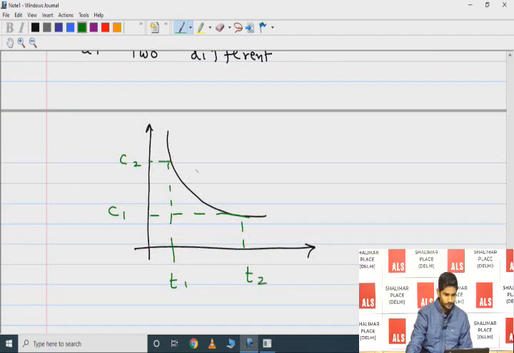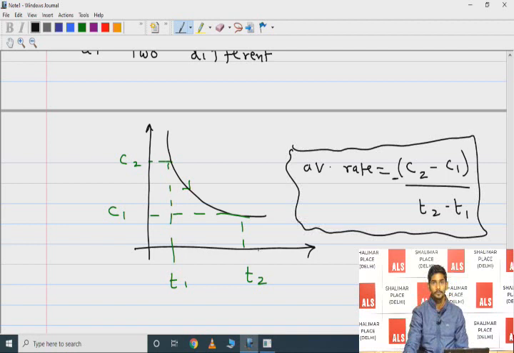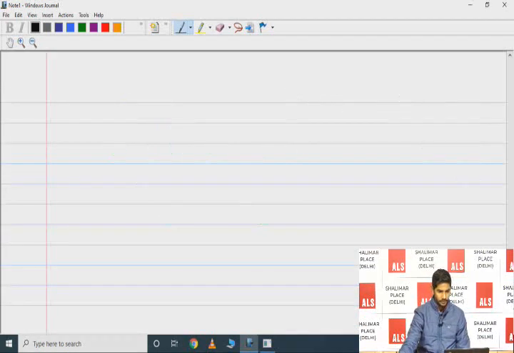So for this, this is showing the reactant. I can say that average rate would be C2 minus C1 with negative sign upon T2 minus T1. Okay. We can practice a question as well based on this one.